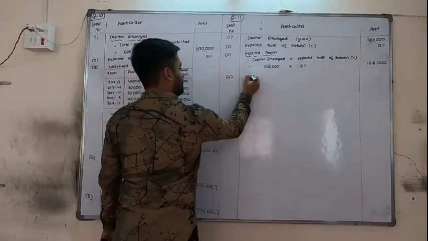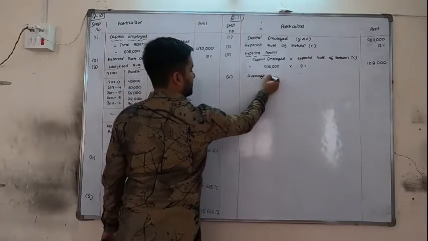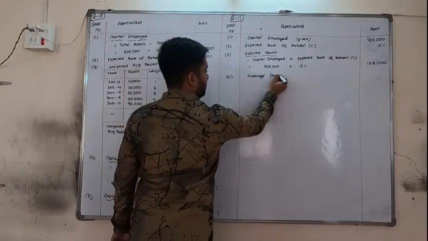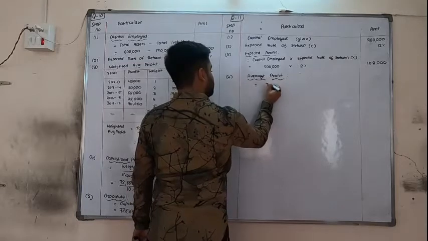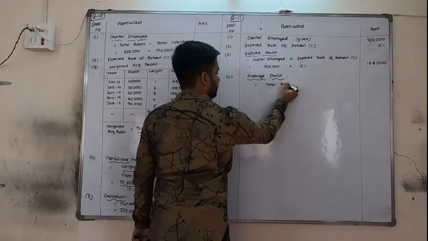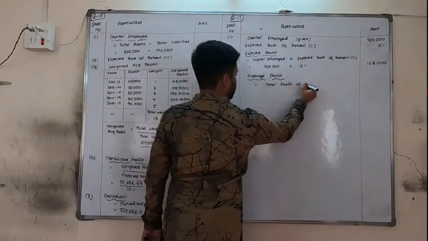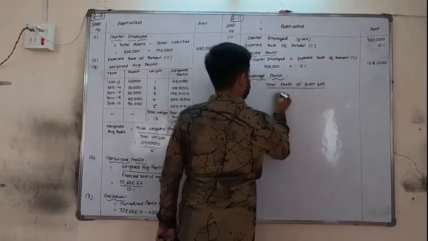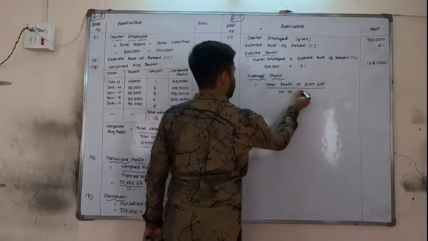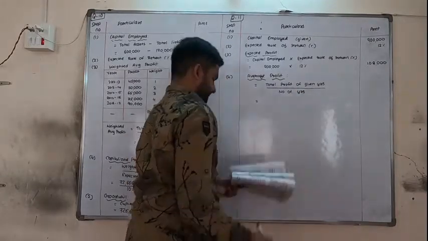Fourth step is to decide average profit, as profit is increasing and decreasing. So the formula is total profit of given years divided by number of years.